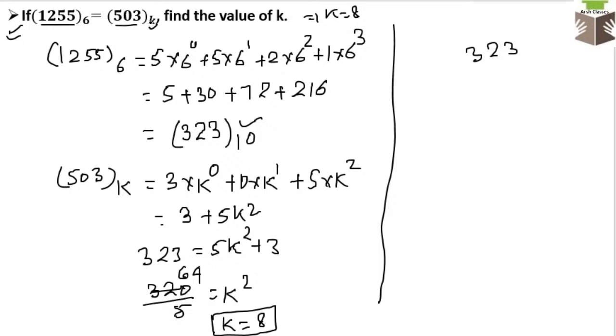So k has to be more than 6. And for more than 6, the possible values are 7, 8 and 9, only till now. Why? Because this 323 is less than 503, which means k has to be less than 10. If the number is more, the base is lesser.